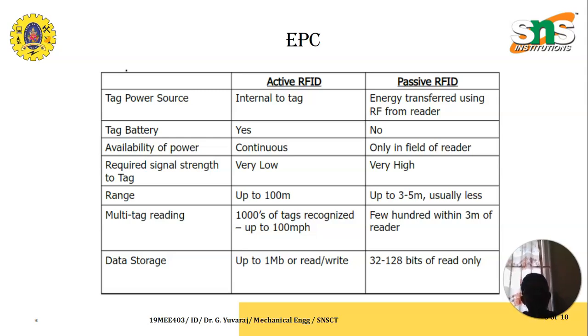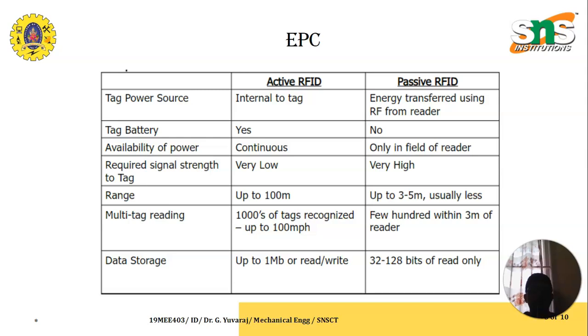When you compare these two kinds of RFID, the tag power source differs. For active RFID it is internal to the tag, and for passive RFID the energy is transferred from the RF reader. Taking the tag battery, active RFID has a very good battery, whereas passive RFID has none. The availability of power for active RFID is continuous, while passive RFID is powered only in the field of the reader. The signal strength needed for the tag is very low for active and very high for passive.